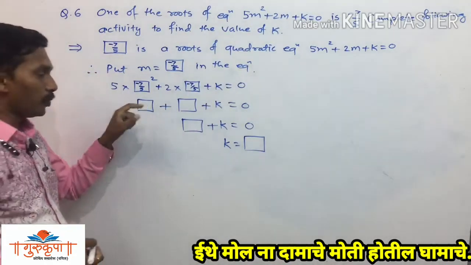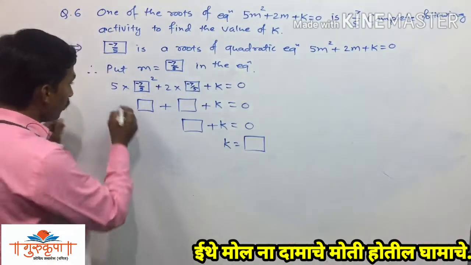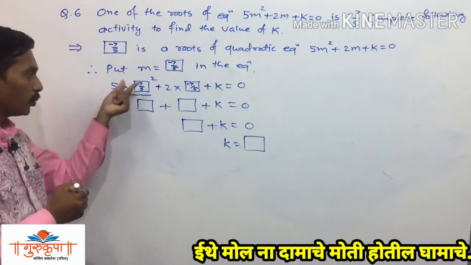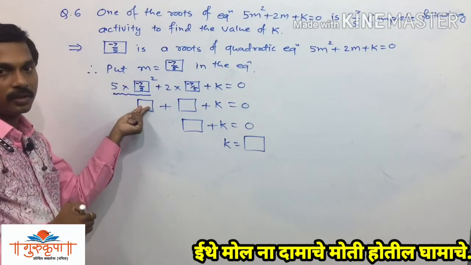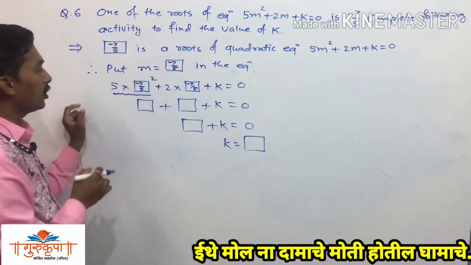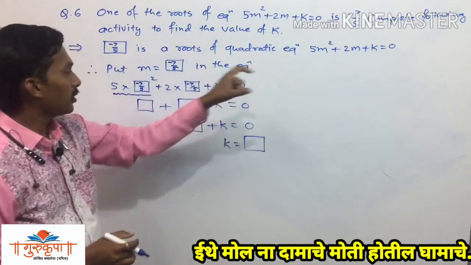Now we have to calculate all these things on the rough page and put the proper value in the boxes. After calculation, whatever you get, we have to put that value there. So we will simplify this here.